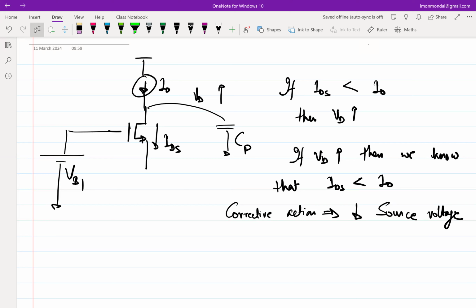If VD increases, I have to decrease some other voltage. So think of it this way. Let's say I have two nodes, V1 and V2. I need to connect something between the two nodes such that if this increases, this decreases. What are you going to do? Forget about magnitude and all, just sign. Among all the topologies that we have learned, which topologies are most suited to do this?